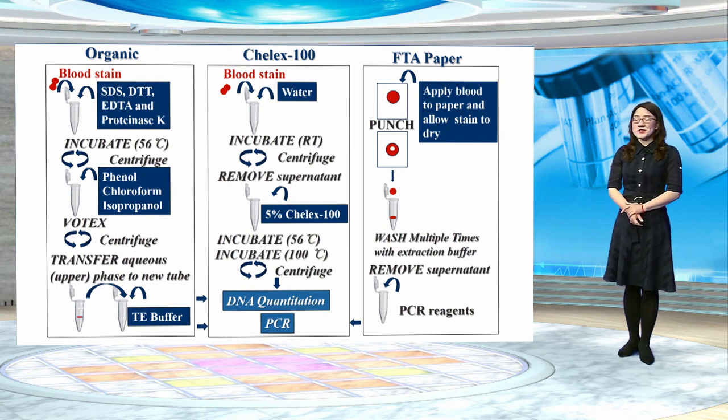The Chelex 100 method of DNA extraction is more rapid than the organic extraction method. In addition, Chelex 100 extraction involves fewer steps and fewer opportunities for sample-to-sample contamination.